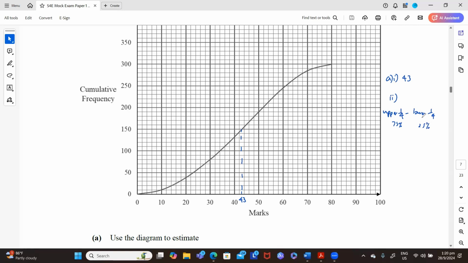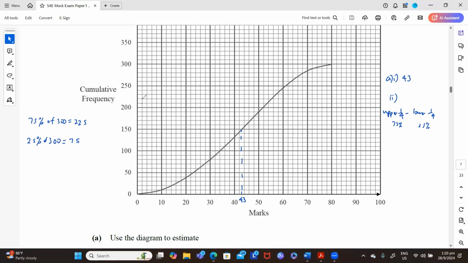So what you want to do is take 300. I'll do some working here. 75% of 300 is 225. 25% of 300 is 75.